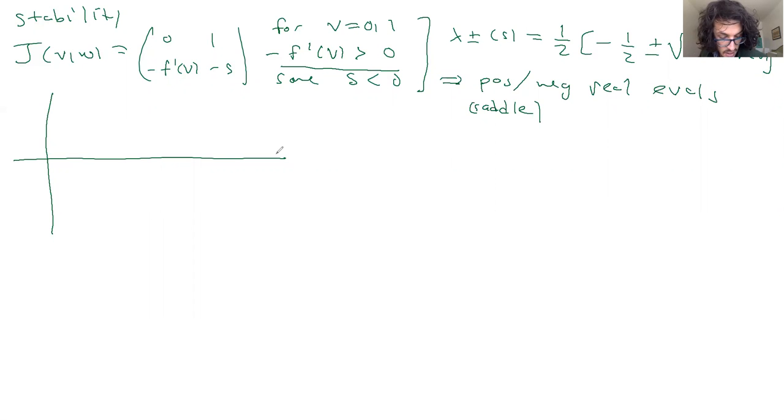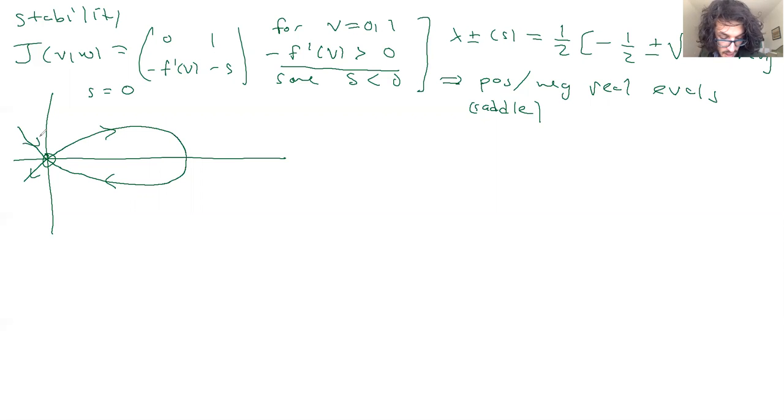But the idea is that at s equals 0, you're going to have a homoclinic orbit like this, emanating from the saddle at 0.